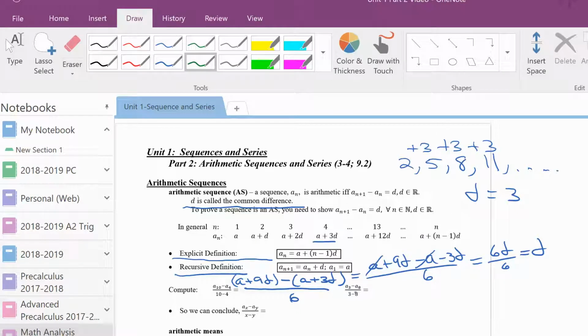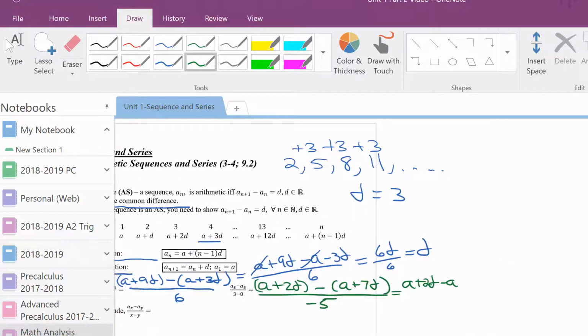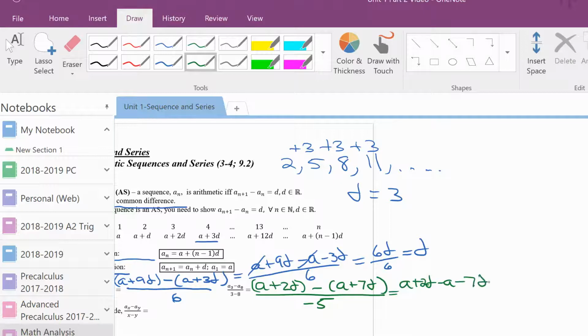If you do the same thing here, the third term minus the 8th term over 3 minus 8. This would be A plus 2d minus A plus 7d, over negative 5. Distributing, you get A plus 2d minus A minus 7d.